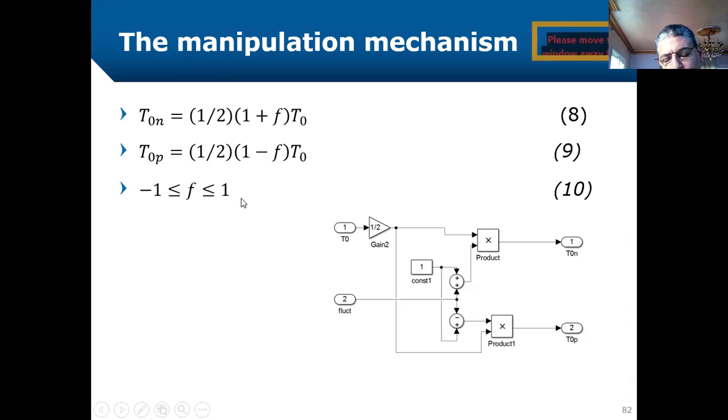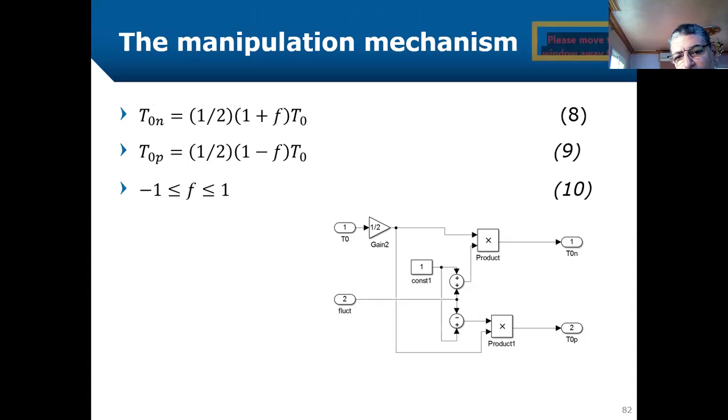This equation or this mechanism redistributes the T0 between T0N and T0P. And according to this, F should be moving in the range from -1 to +1. Okay, and F should express the imbalance in some way. For example, we take VDC1 minus VDC2.